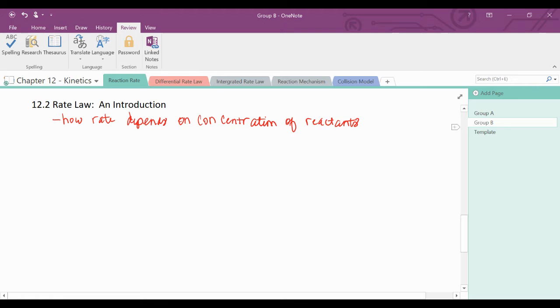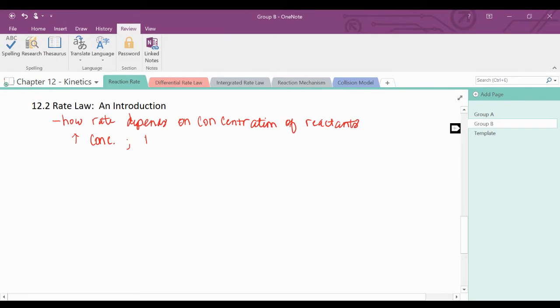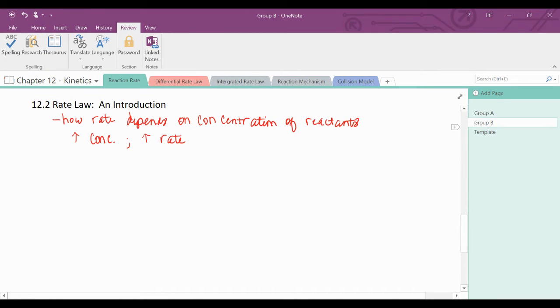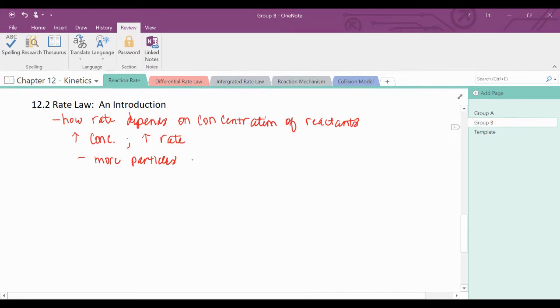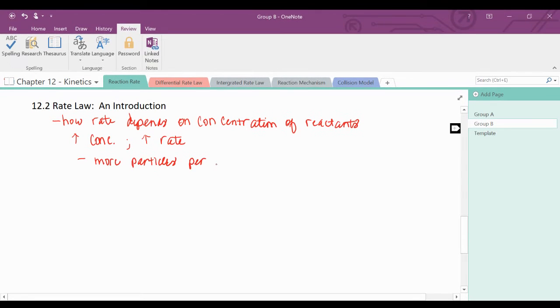Now, we would have talked about this in general in first year chem. We would have talked about the fact that if we increase the concentration, we would therefore then see an increase in the rate of a reaction. And the reason why that would happen is because you would have more particles per unit volume.